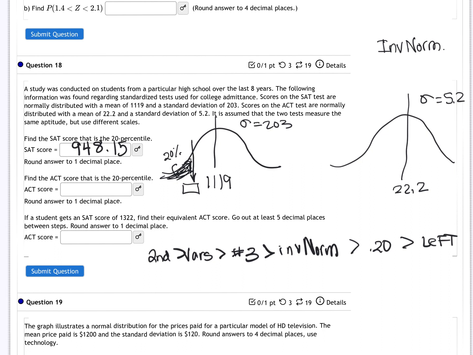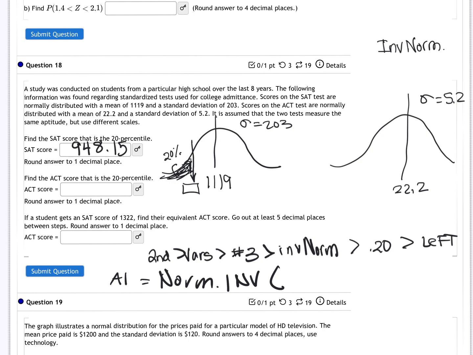If I was doing Excel on this, I would put in A1, equals norm.inverse, parentheses, and then the probability, which is our left tail, so this is 0.2.